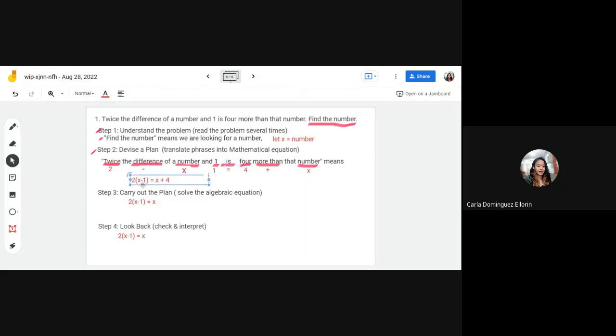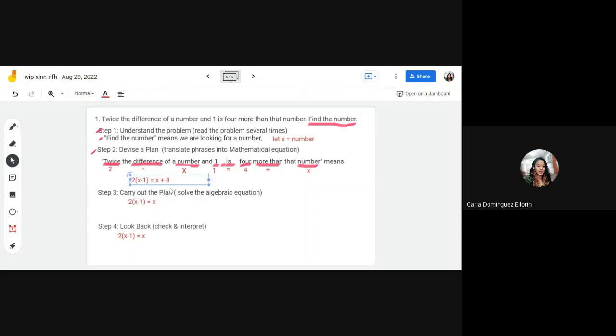So, we have 2 times x minus 1 is equal to x plus 4. That is the translation of twice the difference of a number and 1 is 4 more than that number. So we have now our mathematical equation.